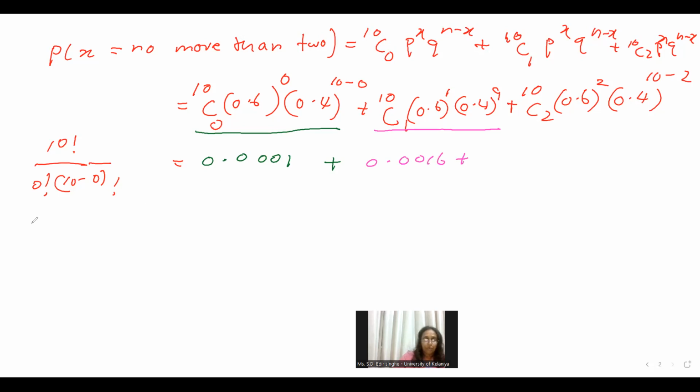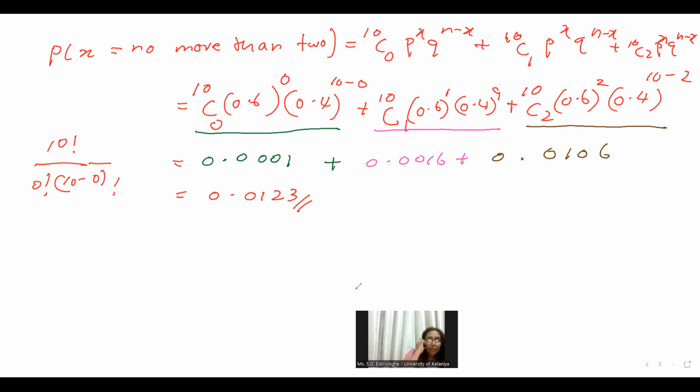Plus if you simplify this part, you will get the answer 0.0106. So finally, the answer will be 0.0123. Got it? Right, that is the answer.